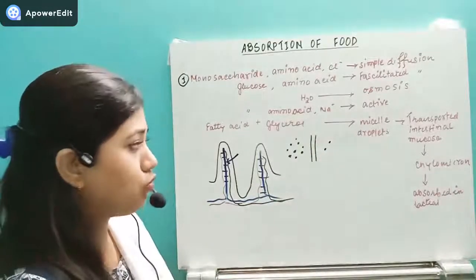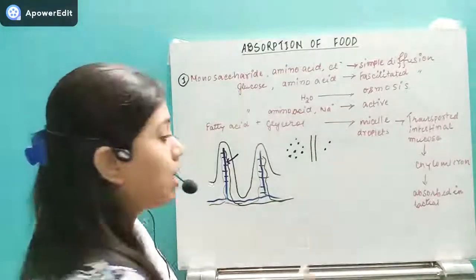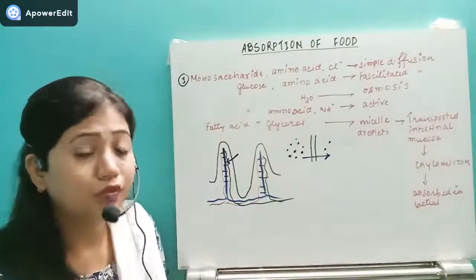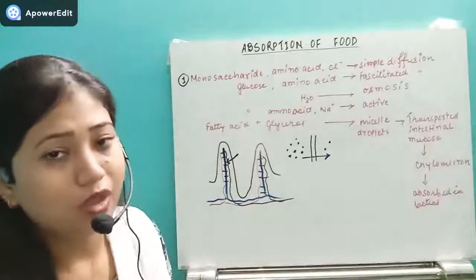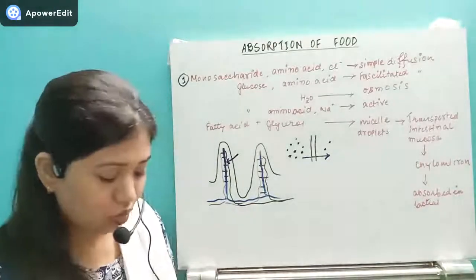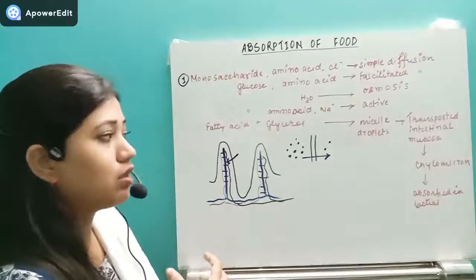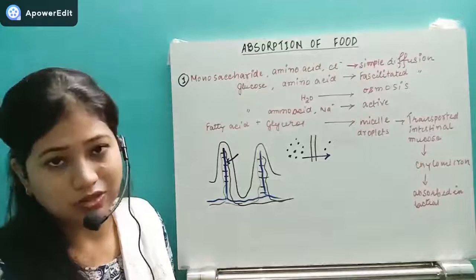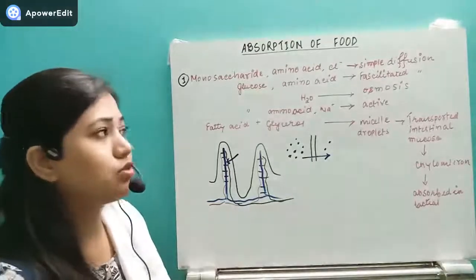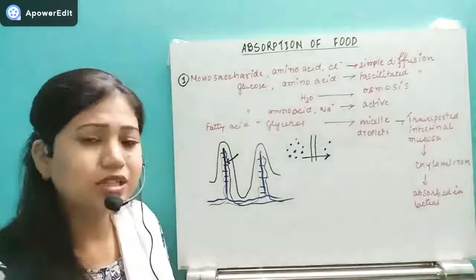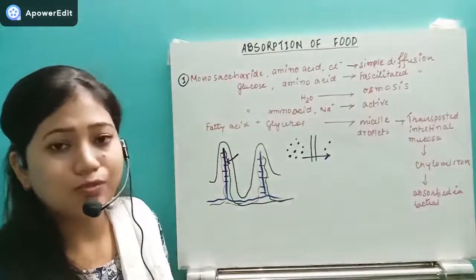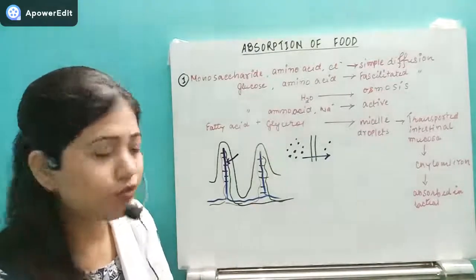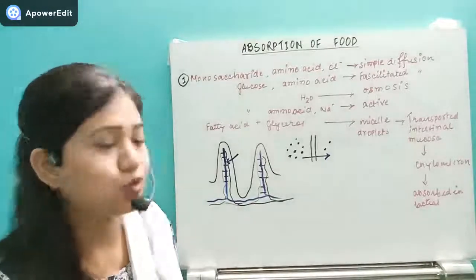The movement of the molecules will always be from the region of higher concentration to the region of lower concentration without the use of any energy. It is the natural law that the molecules move from higher concentration to lower concentration. So the monosaccharides or the amino acids or even the chloride ions will move without using any type of energy. That is known as simple diffusion.